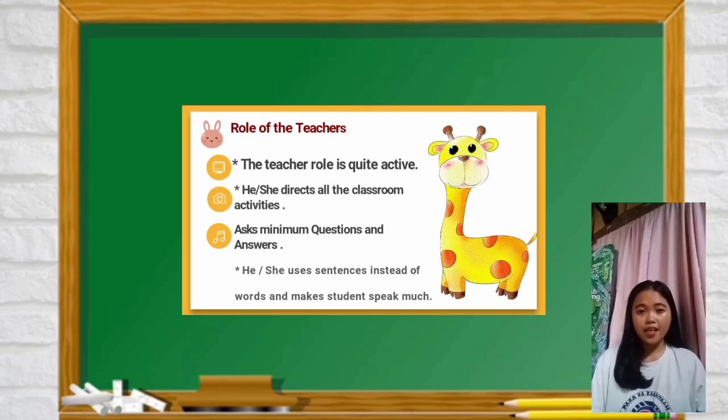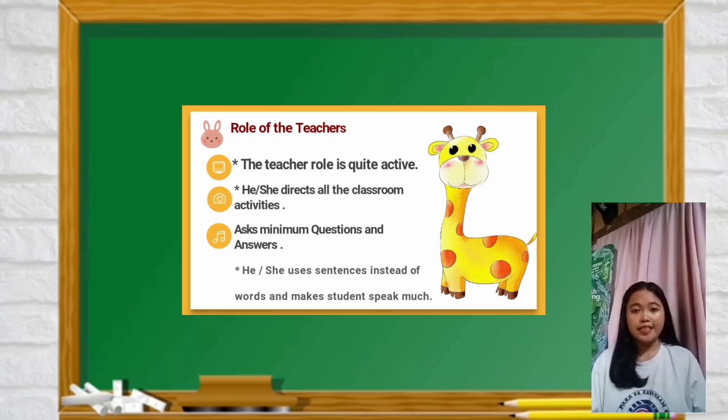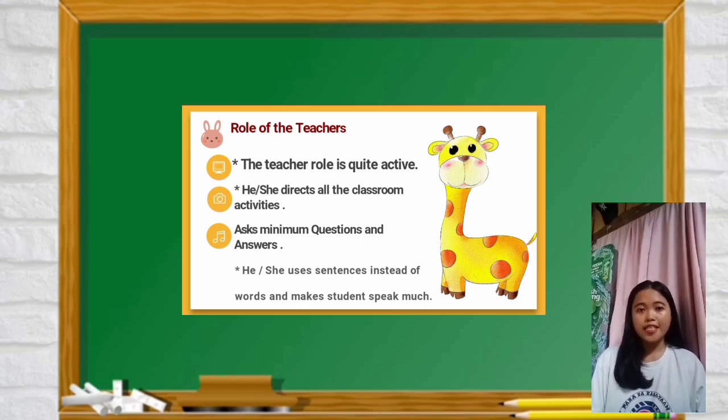Second is he or she directs all the classroom activities. And as I have said earlier, the teacher has more authority in this method because the teacher is the one to facilitate all the activities. Third is ask minimum questions and answers.